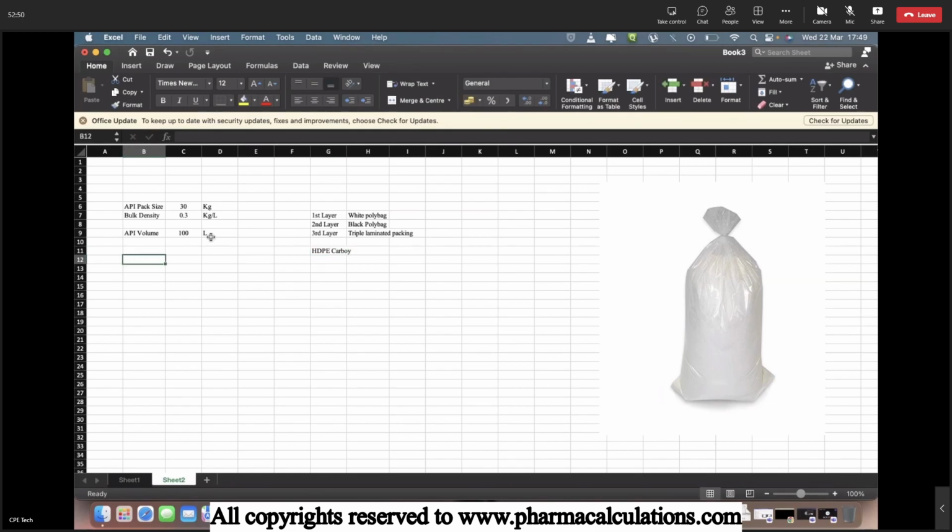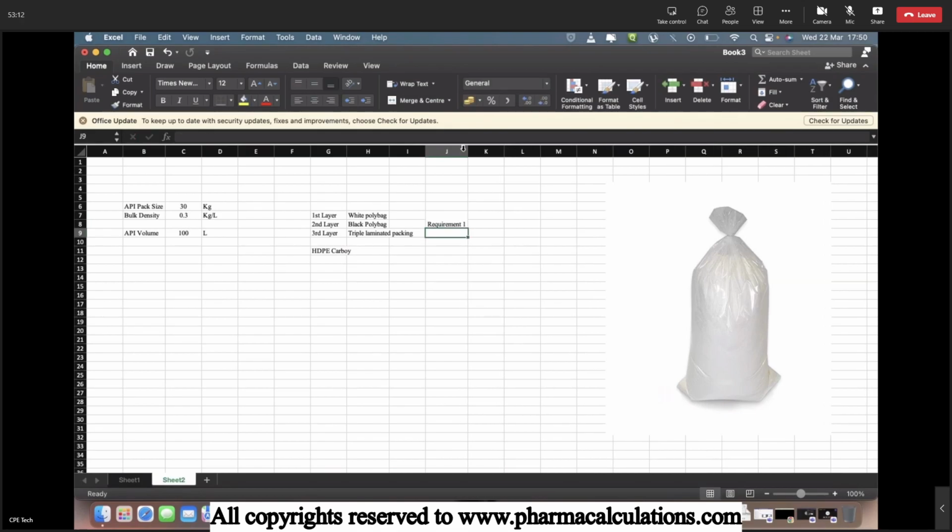This is the common practice, and let's say your material is hygroscopic in nature, and now we want to determine how much silica gel is to be placed in between the white and black poly bag. This is going to be requirement 1, and the next one is going to be requirement 2.